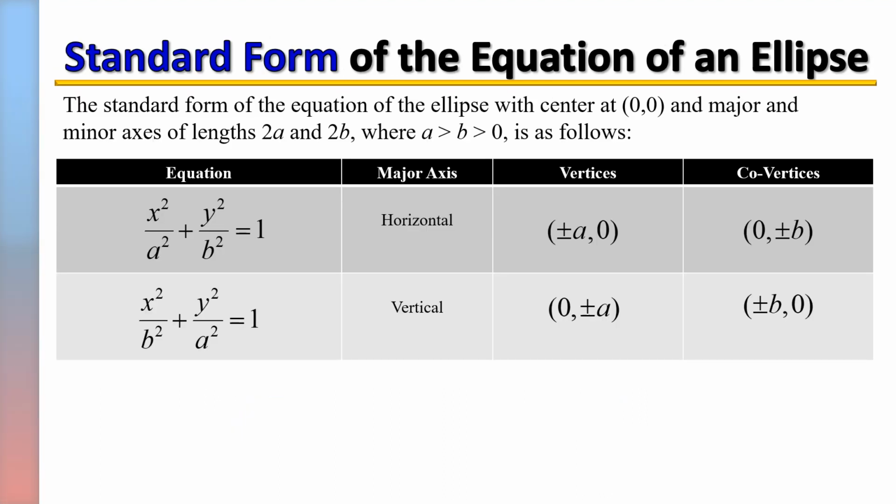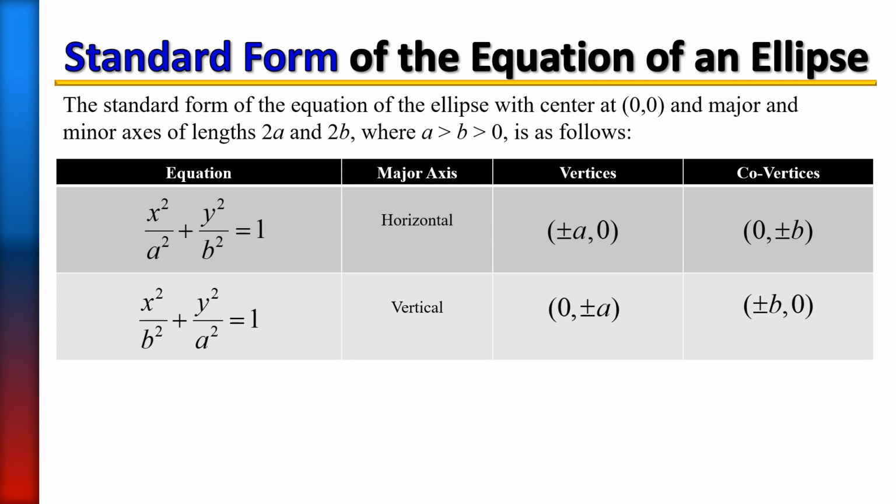The standard form of an equation of the ellipse with the center at the origin and major and minor axes of lengths 2a and 2b, where a is greater than b and b is greater than 0, is as follows. x squared over a squared plus y squared over b squared equals 1.